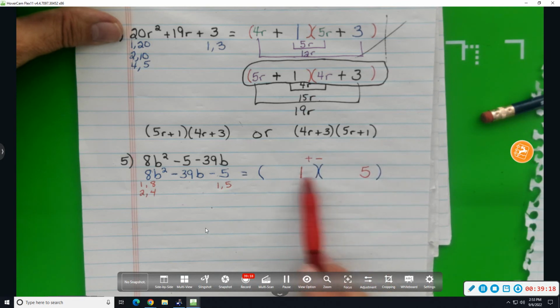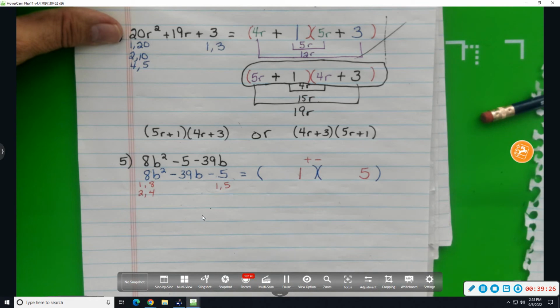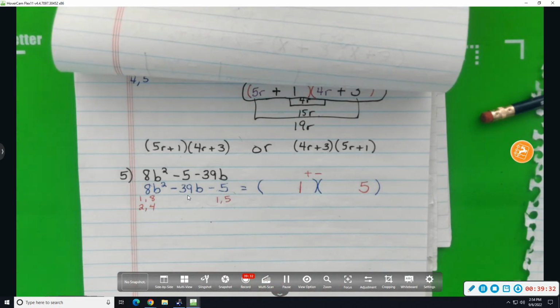Okay, so the 1 and 5, I went ahead and filled it in. Why? Well, there's no other possibilities. Let's see, do we want to try the 2 and 4, or the 1 and 8? Hey, look at this. This is something I mentioned earlier. If that middle term is kind of big, you might want to go with the 1 and 8. 8 times 5 is 40.